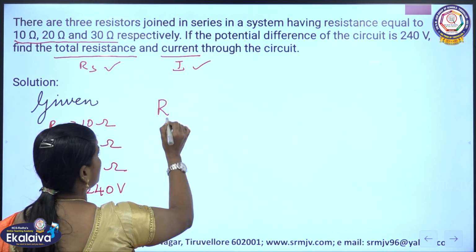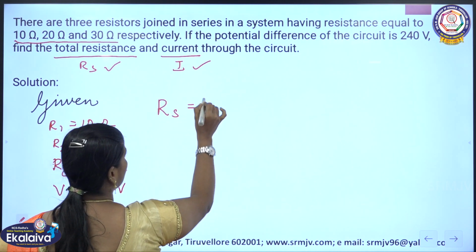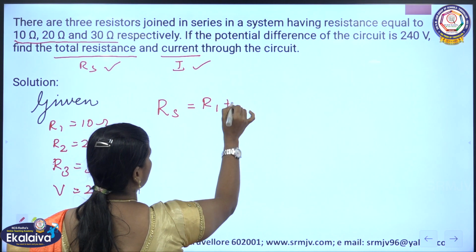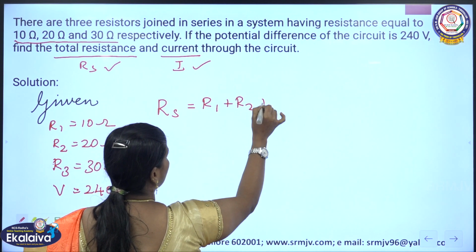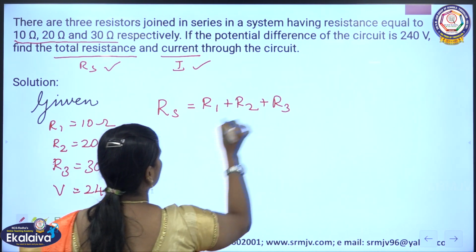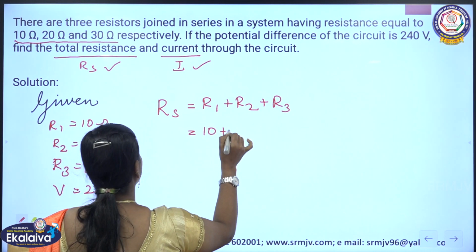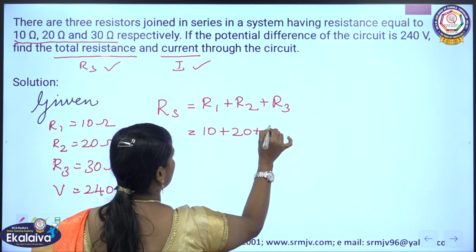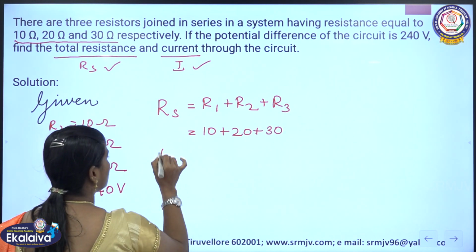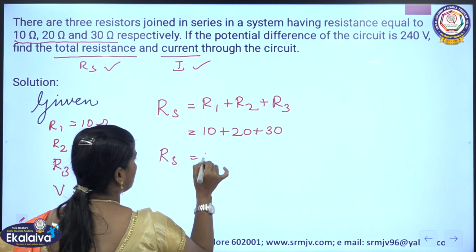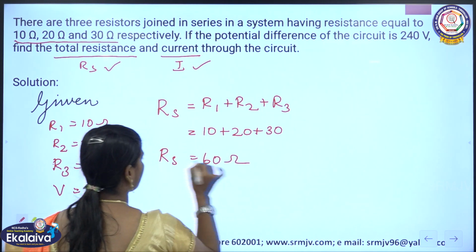The total resistance formula is Rs equal to R1 plus R2 plus R3. We will substitute the values: 10 plus 20 plus 30. So, this Rs is 60 ohm.